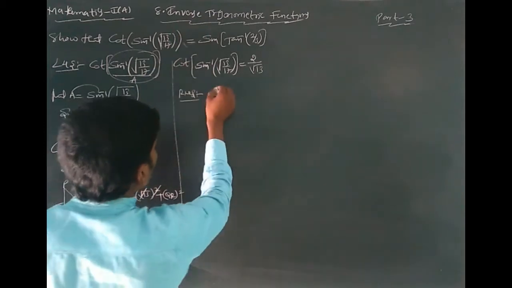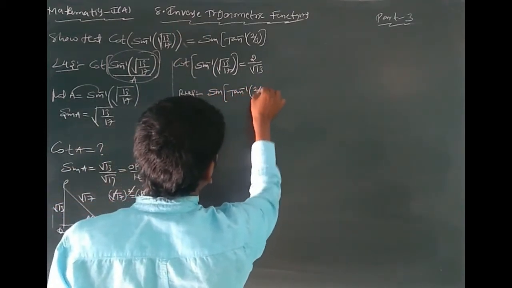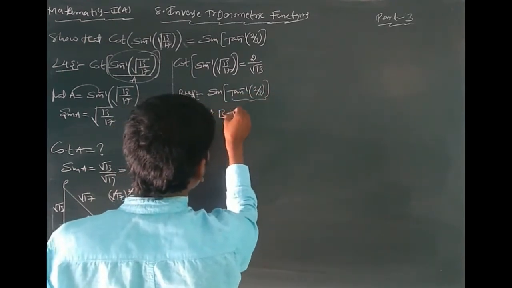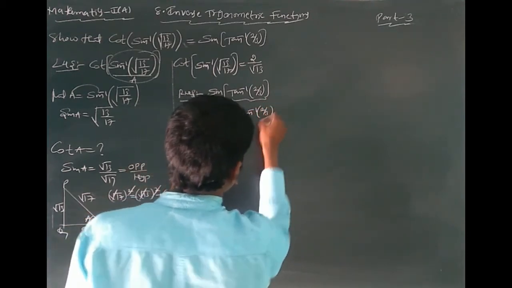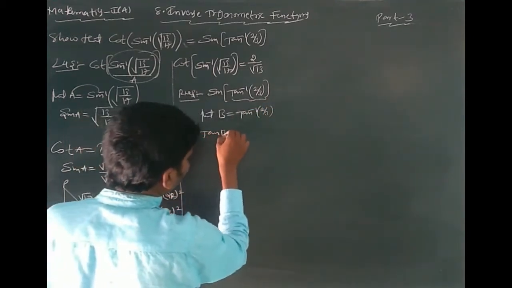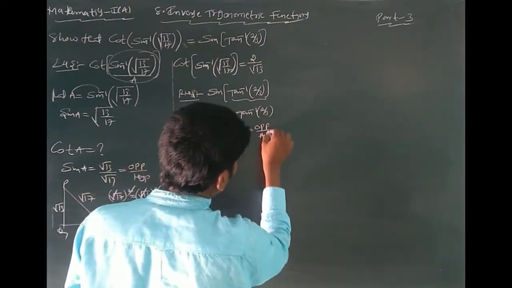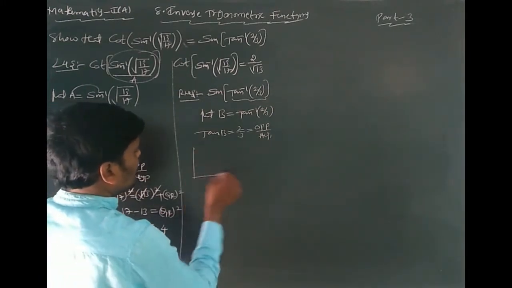RHS is what, first of all? Sine of tan inverse of 2 by 3. Suppose we take this one as B. Put B is equal to tan inverse of 2 by 3. Then tan B is equal to 2 by 3, tan nothing but opposite by adjacent. After that, we can write the Pythagoras theorem.